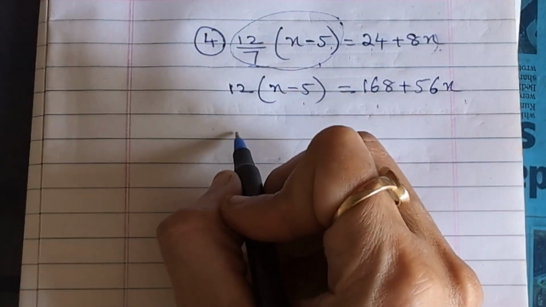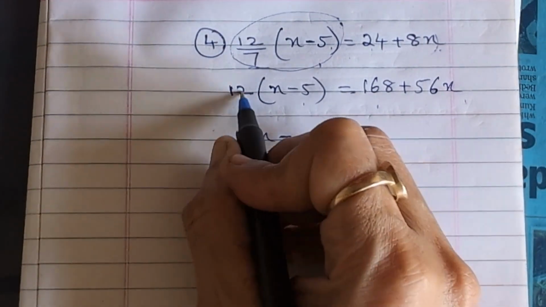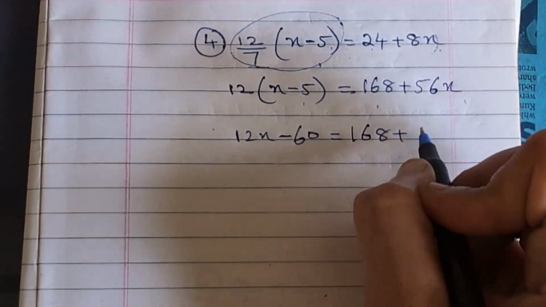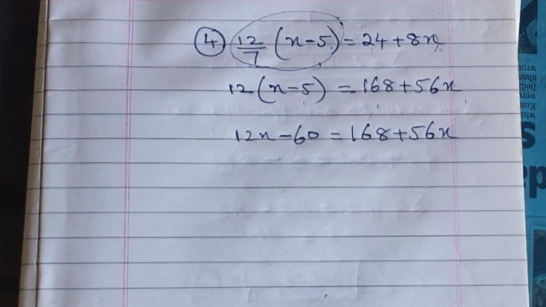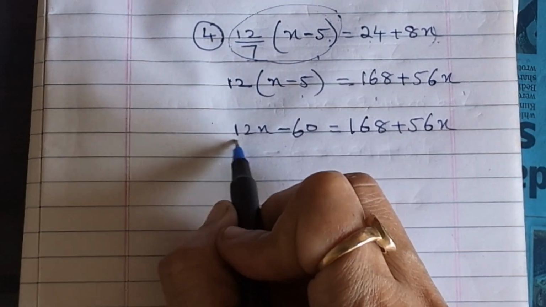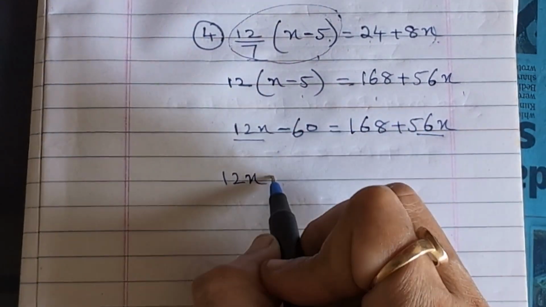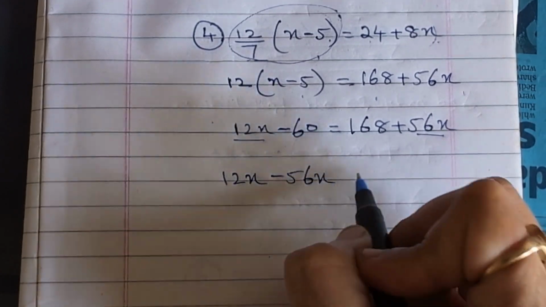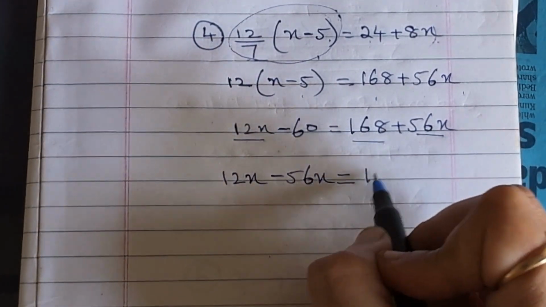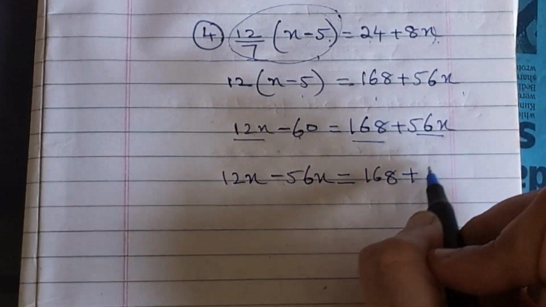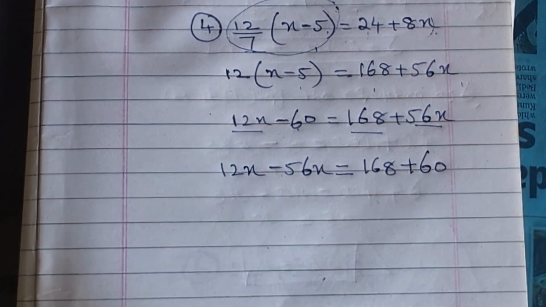Now open the bracket. So 12x minus 12 5s are 60 equal to 168 plus 56x. Now combine the like terms. X terms on one side, so 12x, this 56x comes here, so minus 56x equal to 168 minus 60. If we bring it to RHS, it will be plus 60.